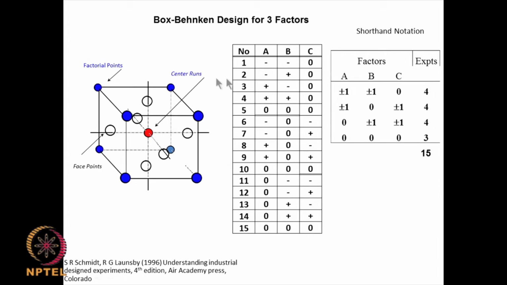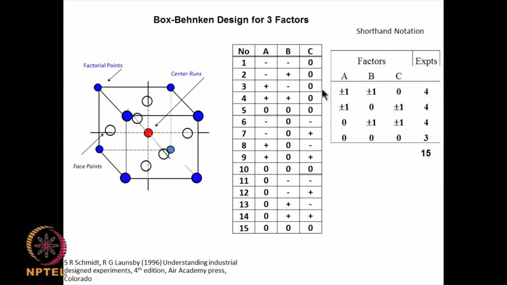Basically, you are doing experiments at these 4 corners, plus a central run. We are doing 3 central runs, and then we are also doing experiments at these faces. So there will be 6 faces actually. So 8 corners, 6 faces, and then the runs at the center.